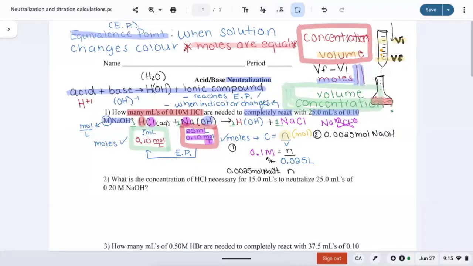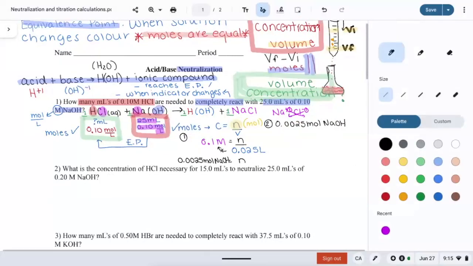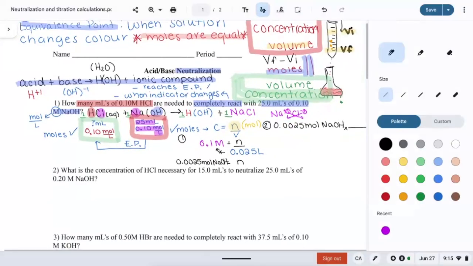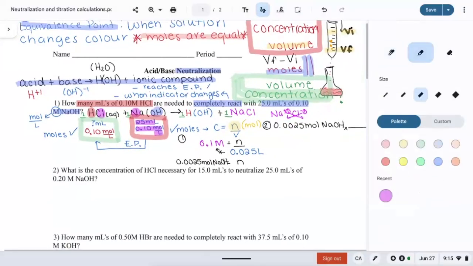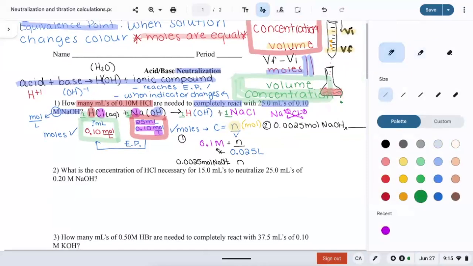So let me make it smaller. Okay, so the mole ratio between NaOH and HCl is 1 to 1. In the balanced equation, the numbers are 1 mole NaOH and 1 mole HCl. And if I put that into my calculator, I'll get the same number.